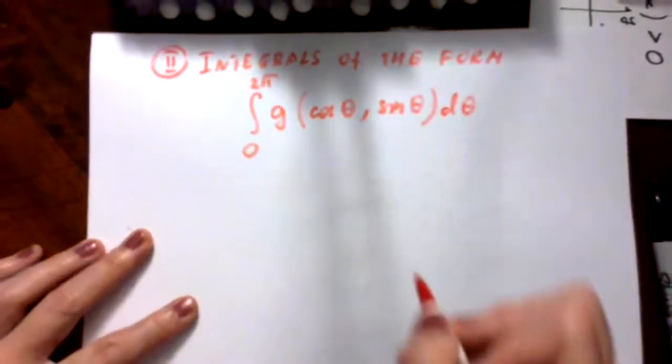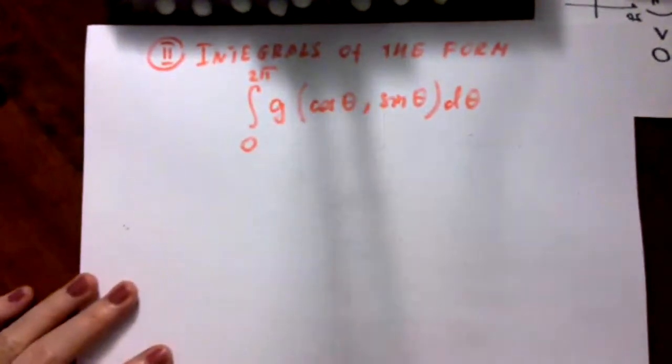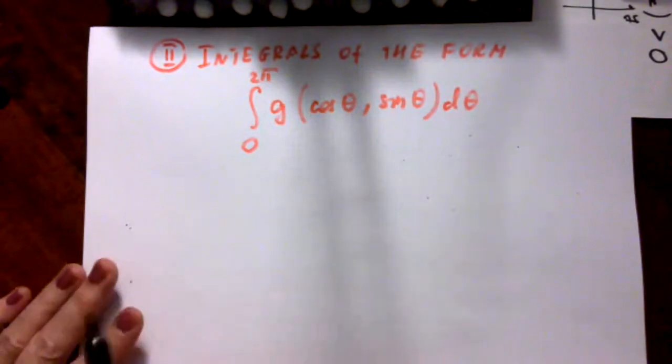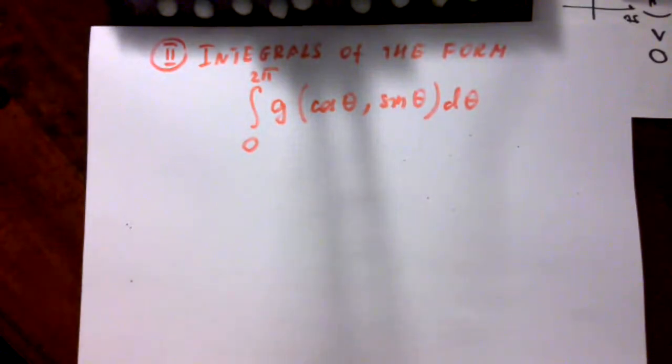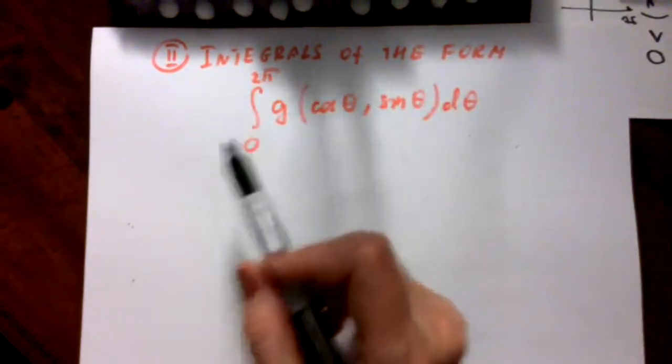They can be both here, or only one, it doesn't matter. So this function, which we denote by j, could be a function of sine or cosine theta, or maybe both. So again, as you can see, no hint of complex variable theory here.